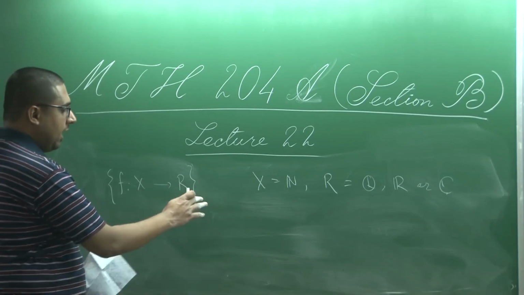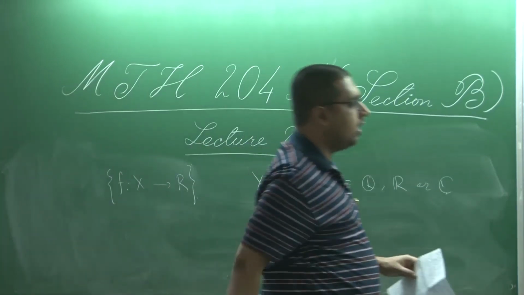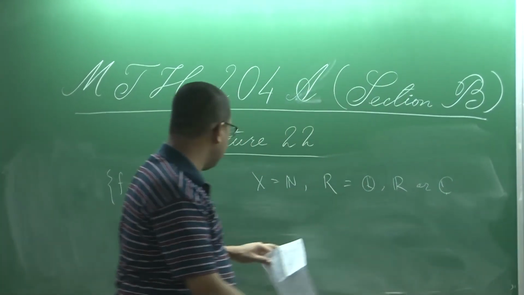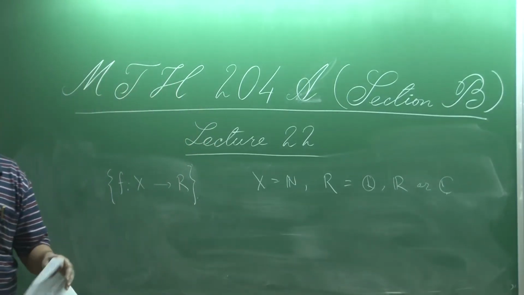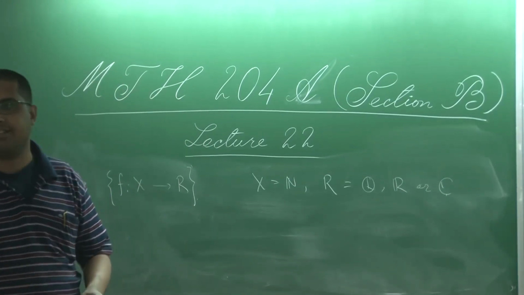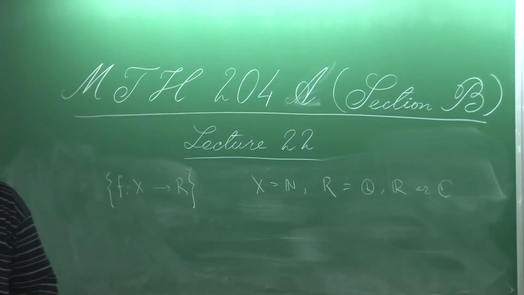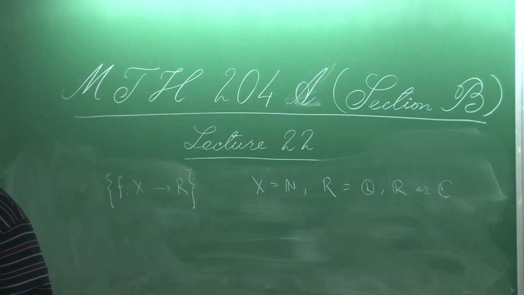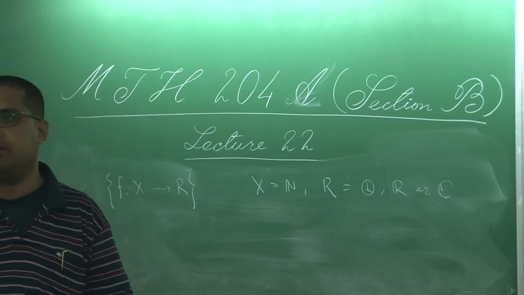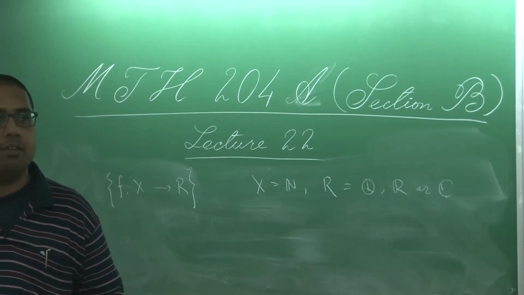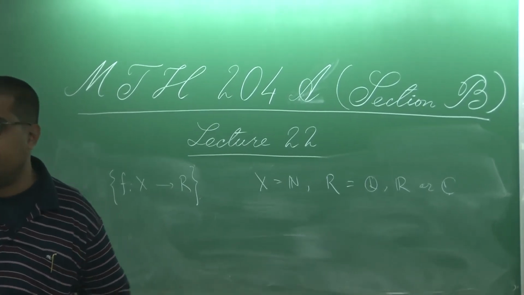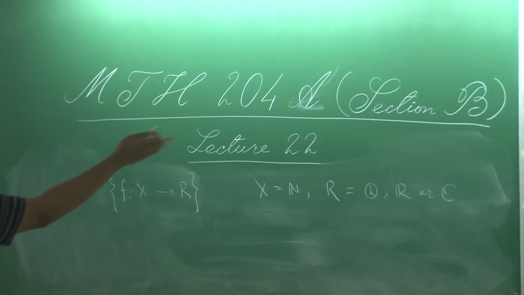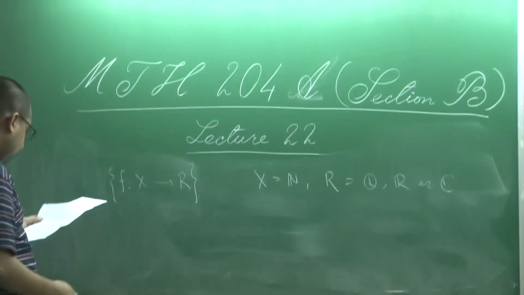So as a special case of what we have seen earlier, we obtain that the set of all real sequences, the set of all rational sequences, and the set of all complex sequences, with respect to usual addition and multiplication of sequences, each of them is a ring, okay. It is basically a special case of what we have seen earlier.